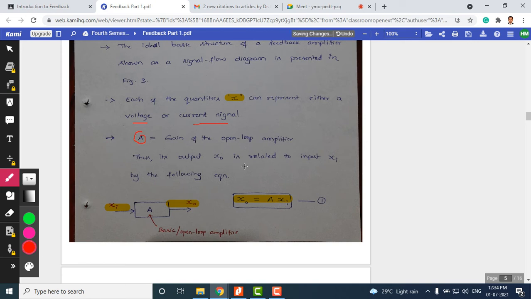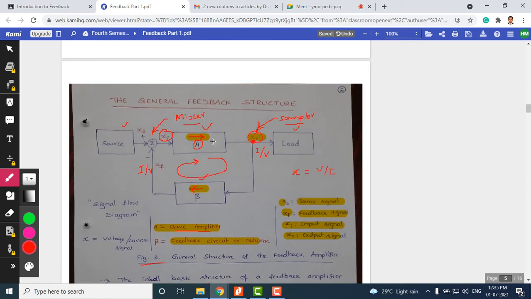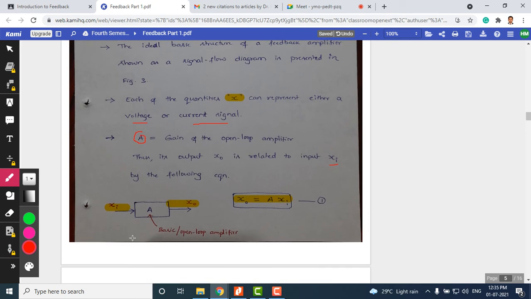X naught is the output of the amplifier and Xi is the input to the amplifier. If we extract only the amplifier part, Xi is the input signal, X naught is the output signal, and A is the basic or open loop amplifier. X naught and Xi are related by the equation X naught equals A times Xi.